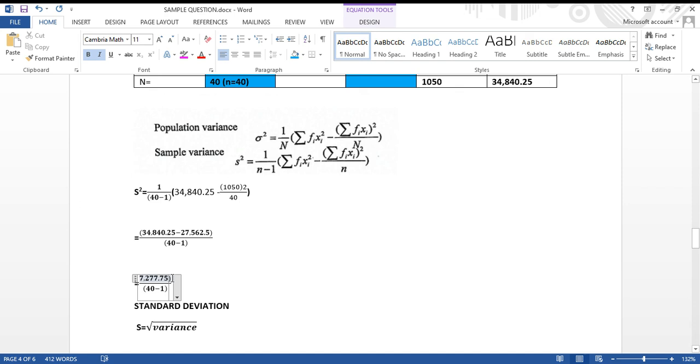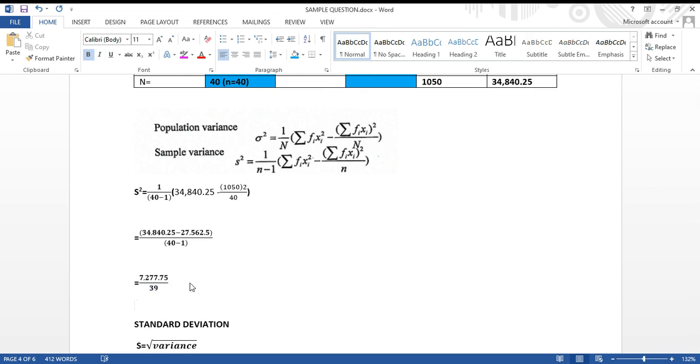Divided by 39, because 40 minus 1 is 39. 7,277.75 divided by 39, we get 186.60. So that is our variance.